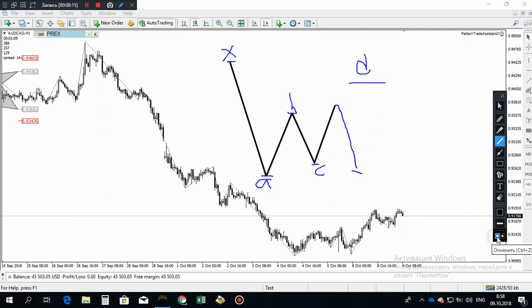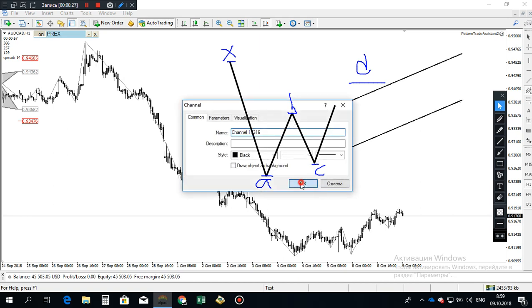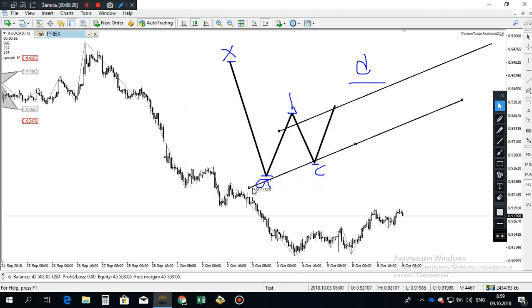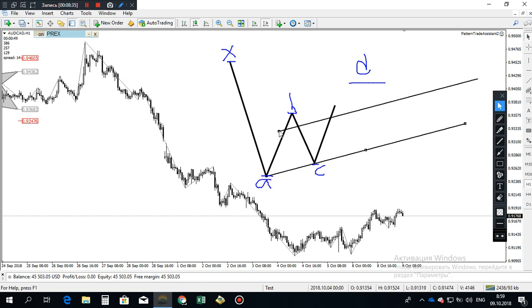Okay, and the conservative way of this invalidation is using channels. So we simply draw the channel from A to C like this. Let me adjust that from here to here like this.